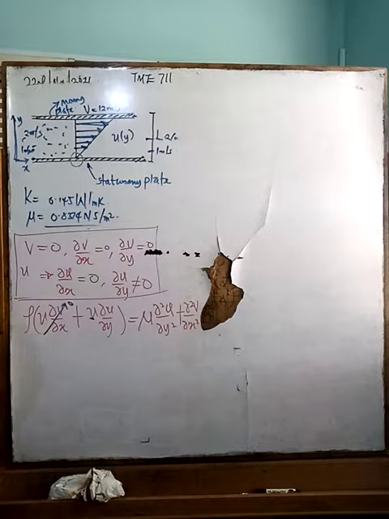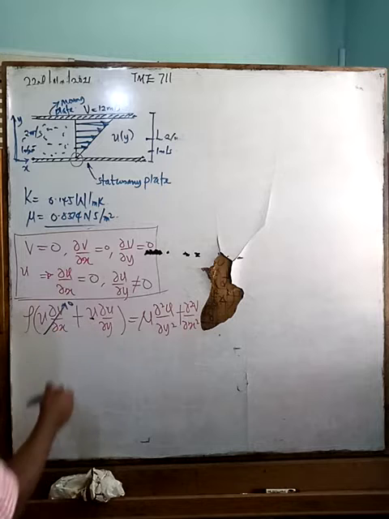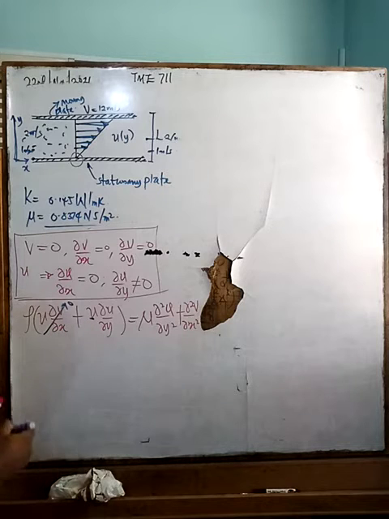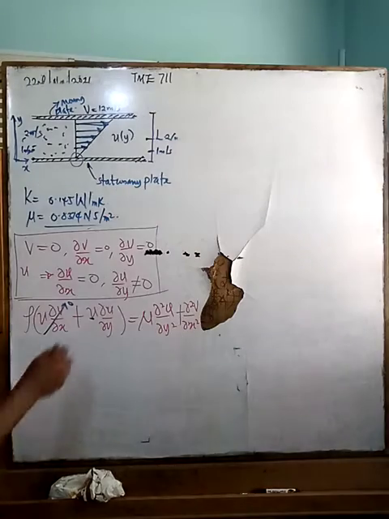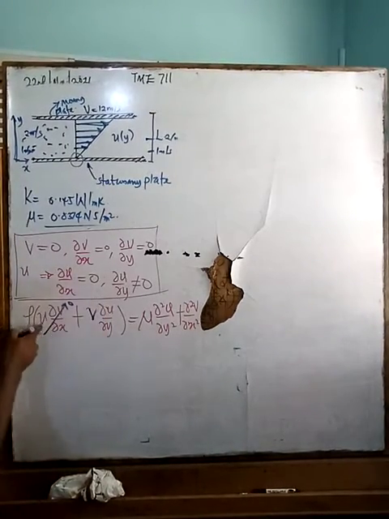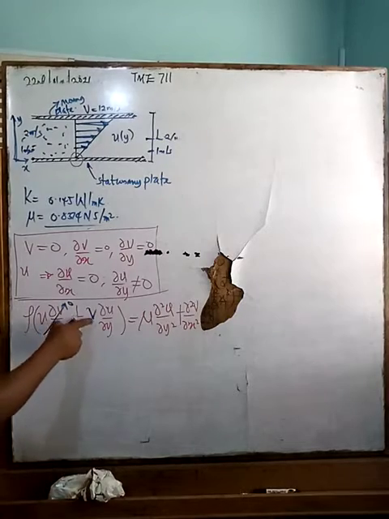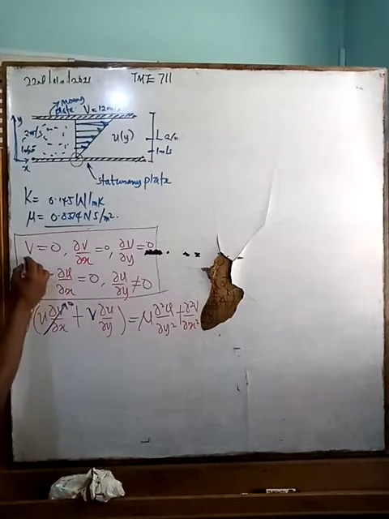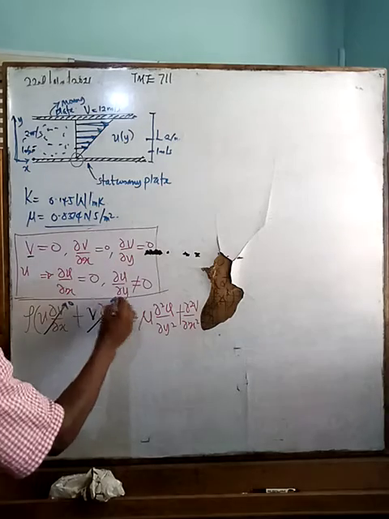That should be v, yes, it should be v partial u over partial y. So this term is u partial v over partial x, and this one is v partial u over partial y. But because v is 0, this part turns to 0.